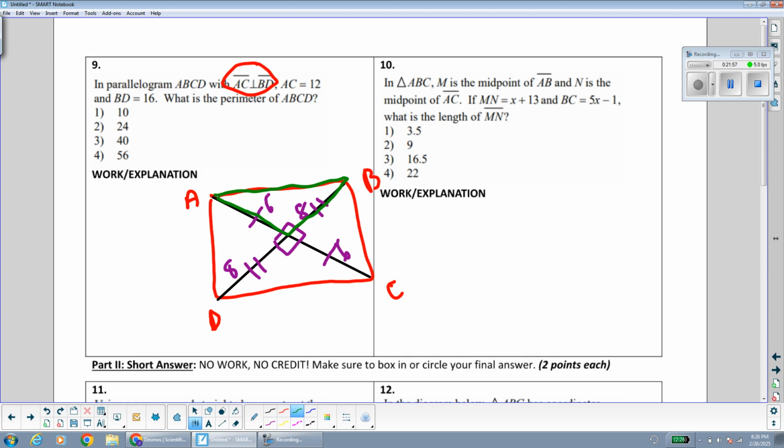Start with one of the right triangles. You got two sides. You need the last one. Let's use the Pythagorean theorem. The side we're solving for is the hypotenuse.